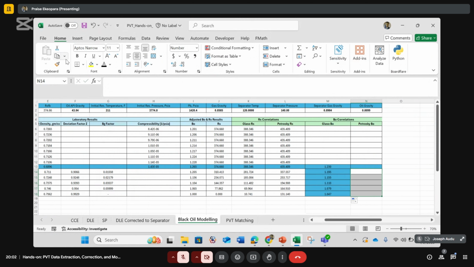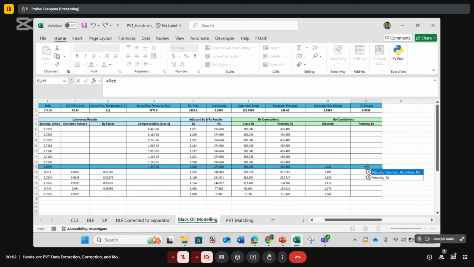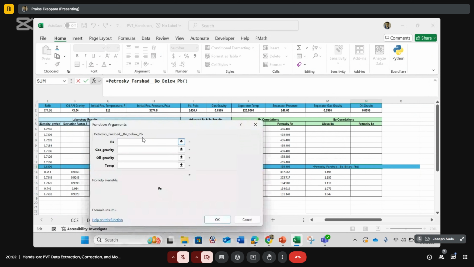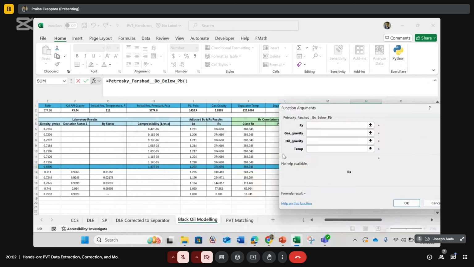So with this, I now have my Glaso above and below. Then for Petrosky, I'll just go ahead and do Petrosky. These are various correlations that maybe in our next session we are going to bring up.